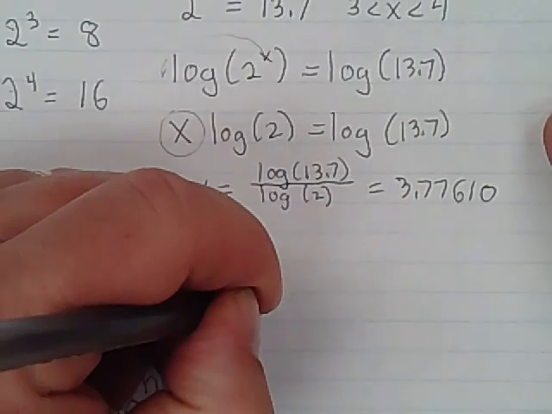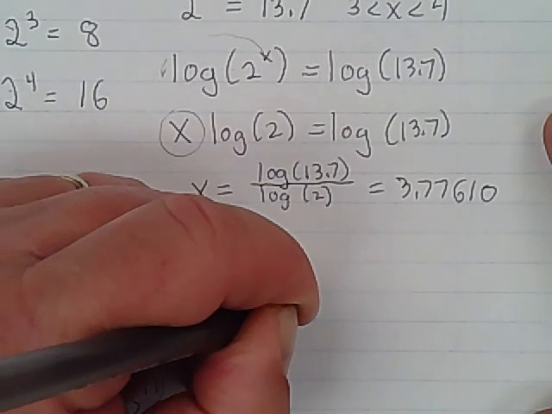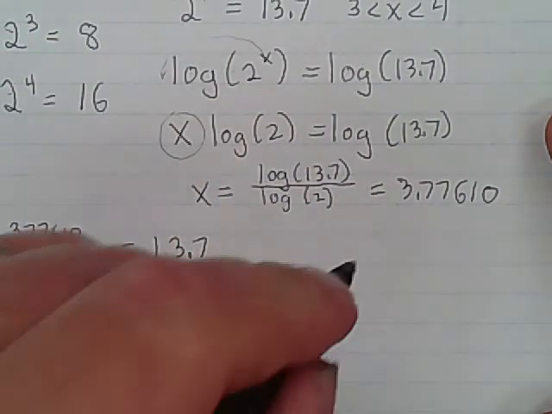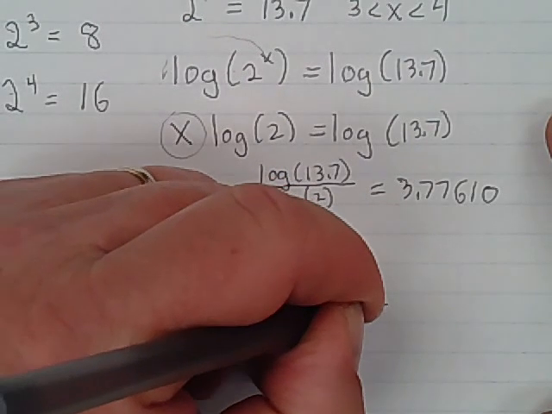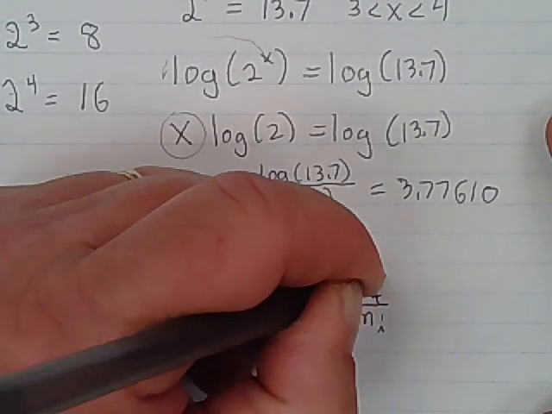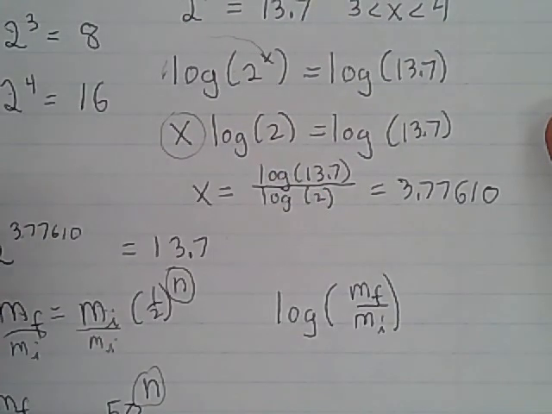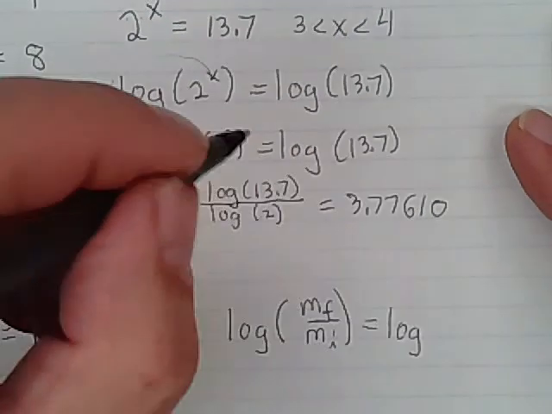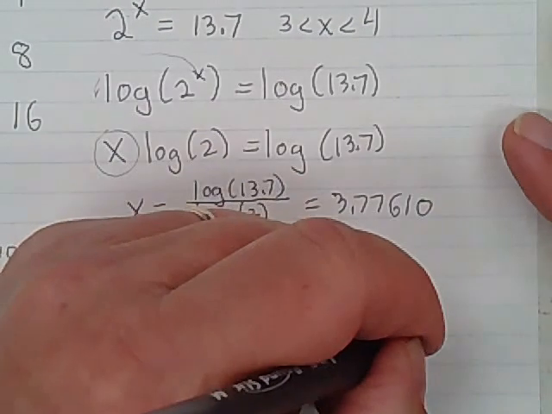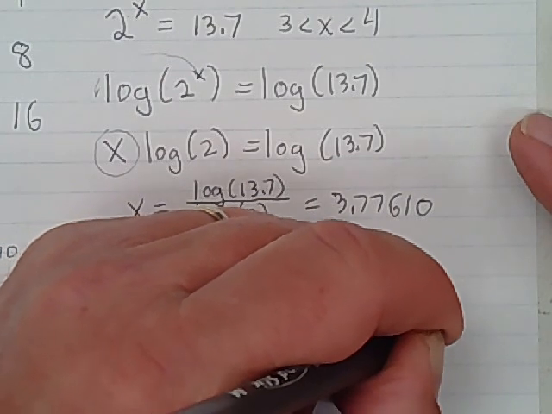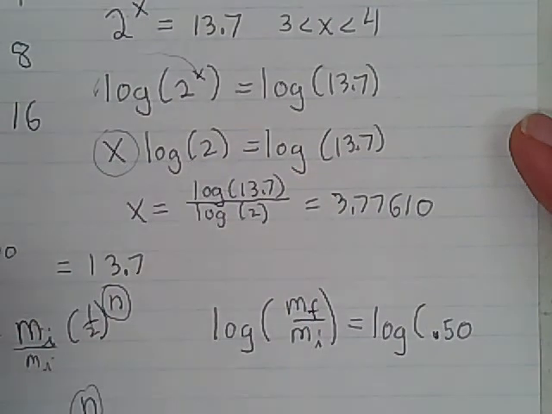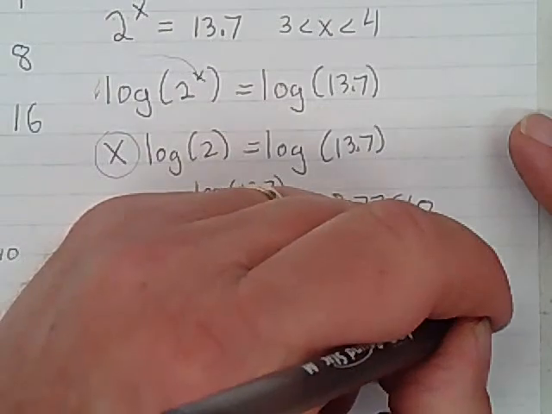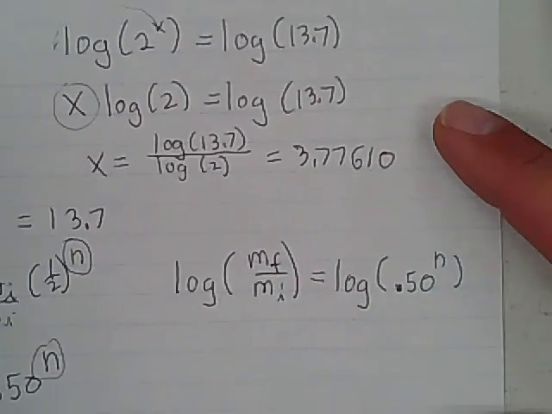If I take the log of the left side, that means the log of, open parentheses, the final mass divided by the initial mass, close parentheses, is equal to the log of, open parentheses, 0.5, which is 1/2, raised to the nth power, close parentheses.